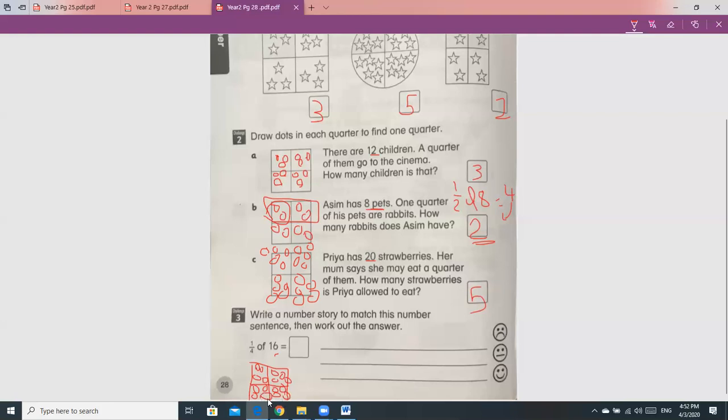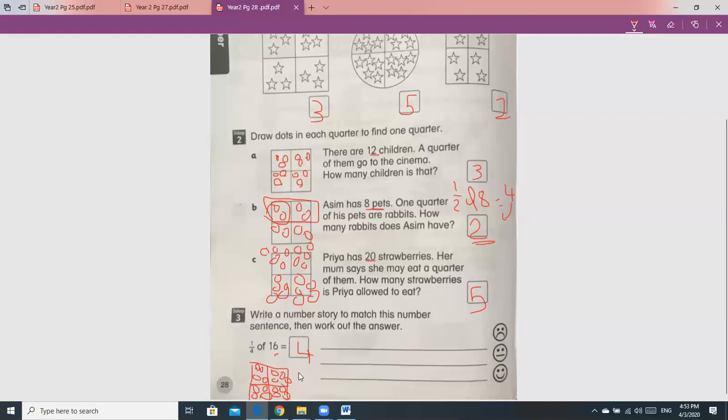How many will be in each quarter? 1, 2, 3, 4. So the answer is 4. So to know the quarter of any number, draw a square, divide it into 4 parts, and then divide this number into this square and find how many the 1/4 has.